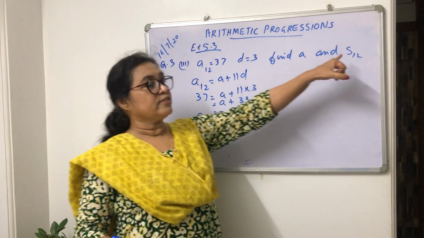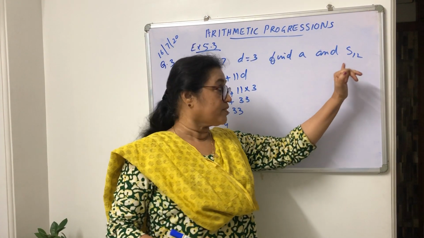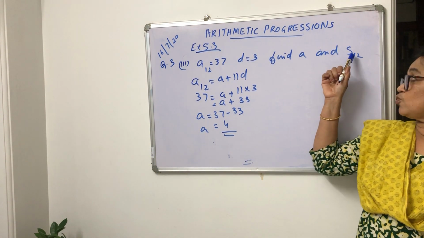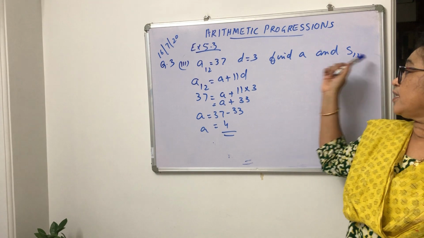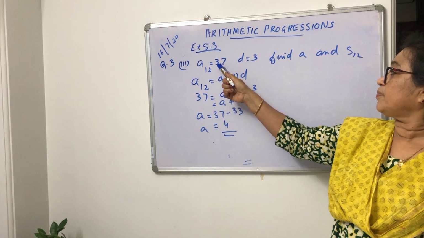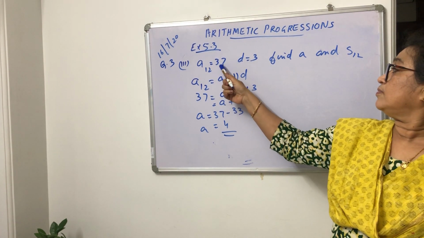And you want S12. S12 means sum of the first 12 terms. So a12 is 37. A12 is 37 means 12 terms, so you can take it as the last term.